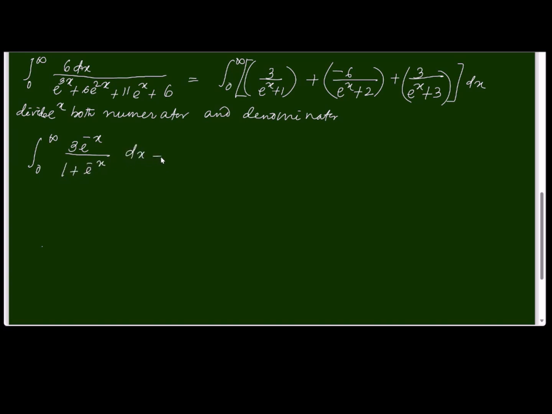Second one will be minus 6, 0 to infinity, dx, e to the power negative x over 1 plus 2 e to the power negative x. Third one will be 3 dx, of course, e to the power negative x over 1 plus 3 e to the power negative x dx, and all the integrals are from 0 to infinity.